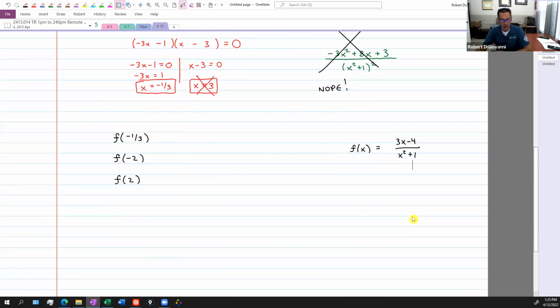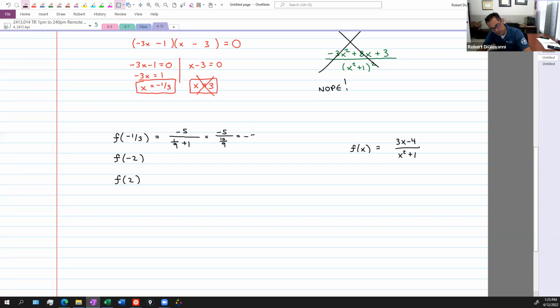All right, let's plug in negative 1/3. If I plug in negative 1/3 for x, 3 times negative 1/3 is negative 1, and then minus 4, so I get minus 5 on top. Then I have negative 1/3 squared, which is a positive 1/9, plus 1. So I get negative 5 over 10/9.